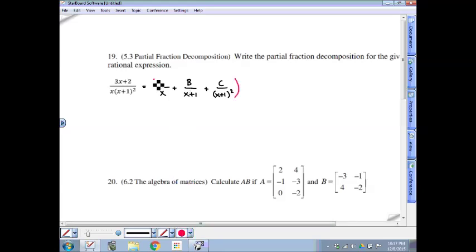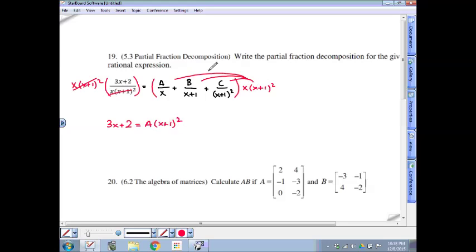The next step is to multiply both sides by the LCD, which is x times x plus 1 squared. That cancels the denominator on the left side, and you get 3x plus 2. Over here on the right side, when the LCD multiplies to the a partial fraction, the x's cancel, and you get a times x plus 1 squared.